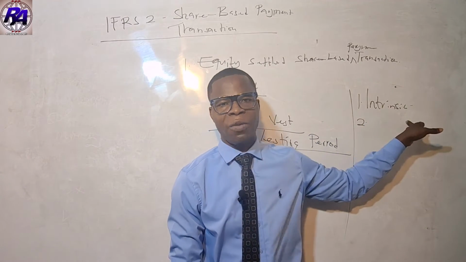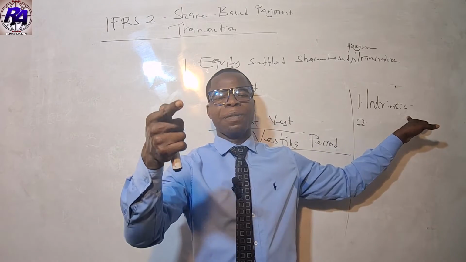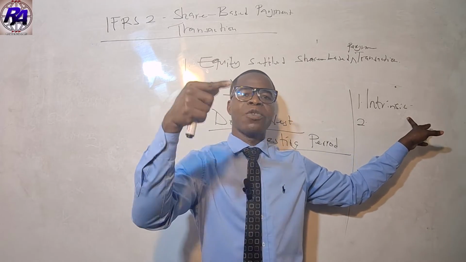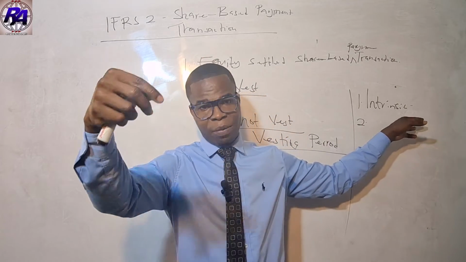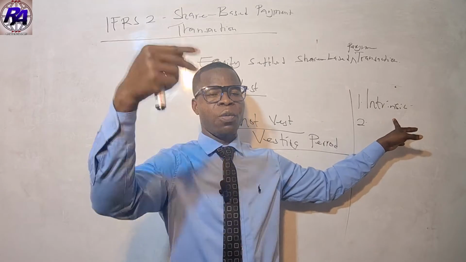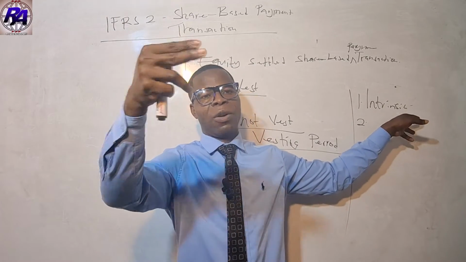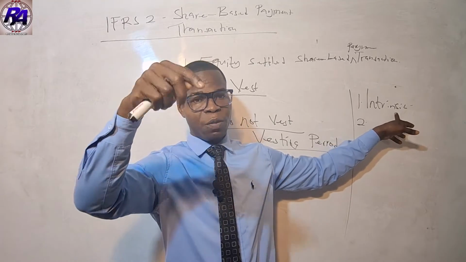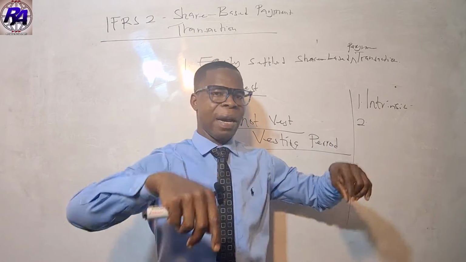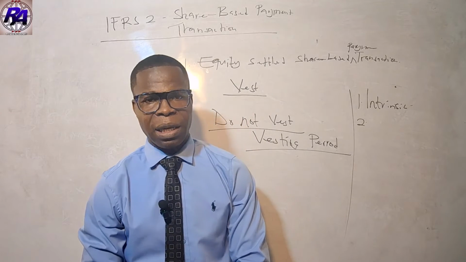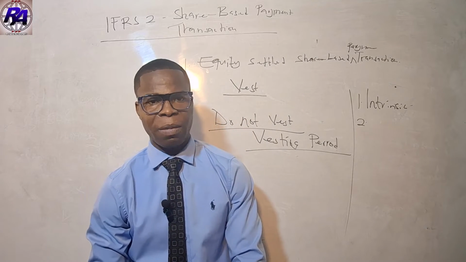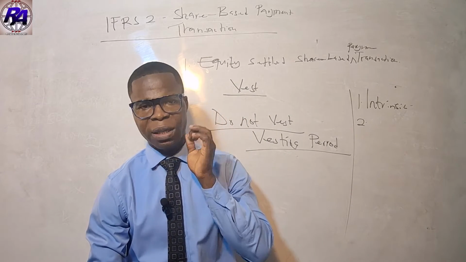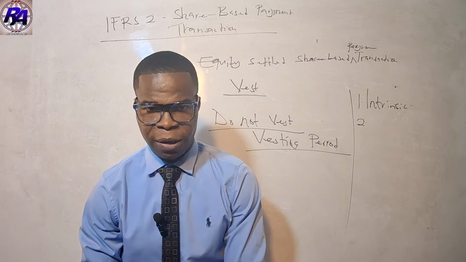Now, the intrinsic value is basically the share price that will be issued to the counterparty, which is the supplier or the employee. The difference between that share price and the estimated share price of the equity instrument is going to give us the intrinsic value.